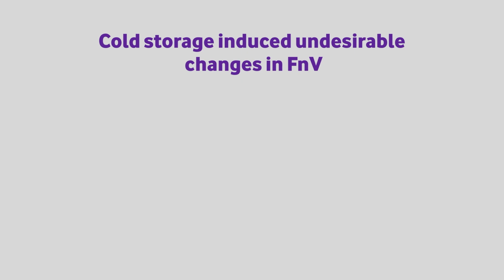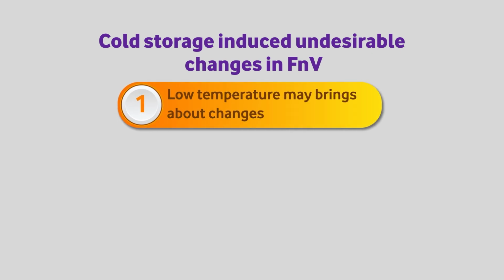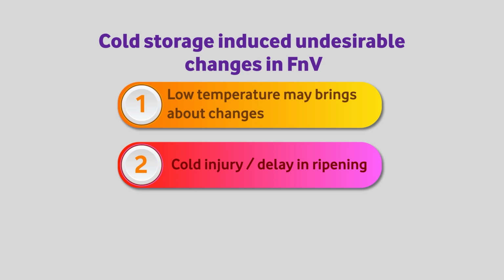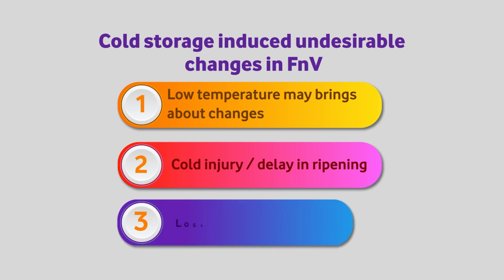For the learners here, it is important to note the low temperature may be associated with changes like cold injury, which may eventually lead to the loss in ripening. There could be loss of certain nutrients like vitamin C. There could be changes in carbohydrate compositions. Learners must have observed sweetening of the potatoes immediately after cold storage.